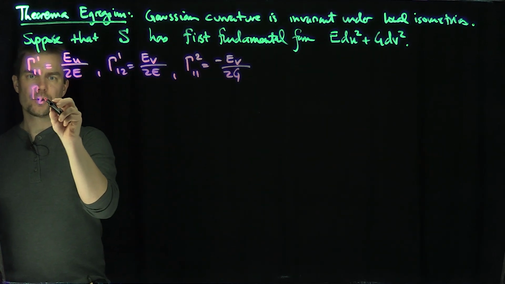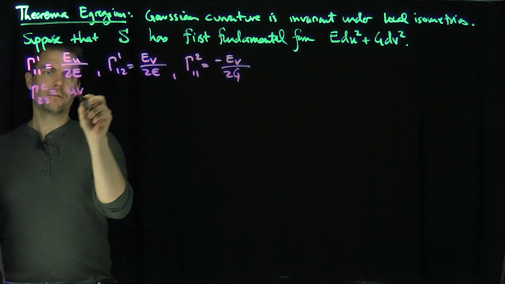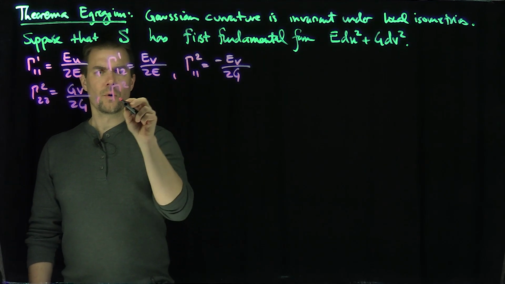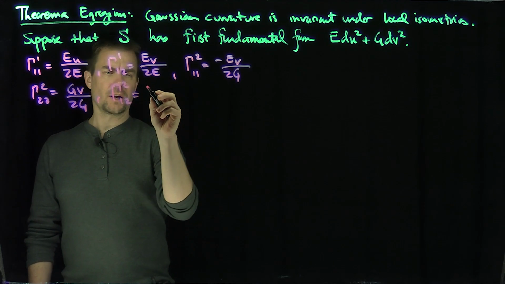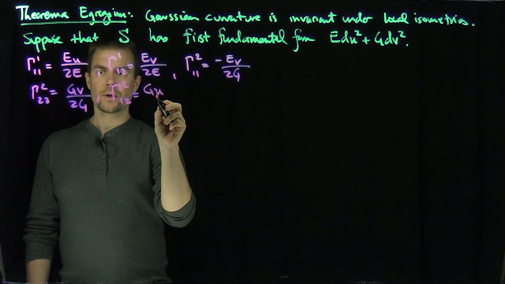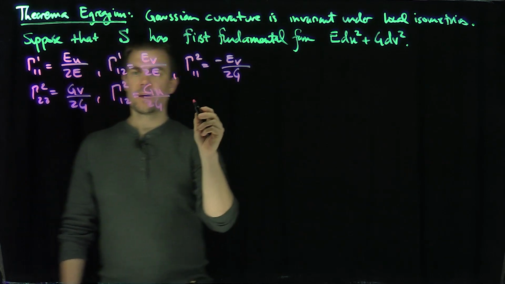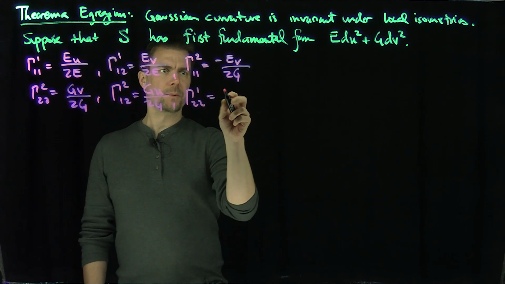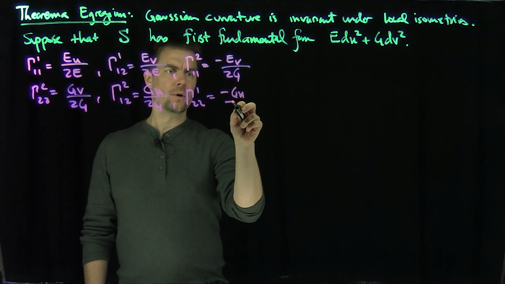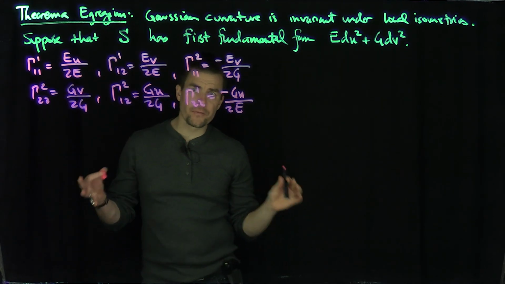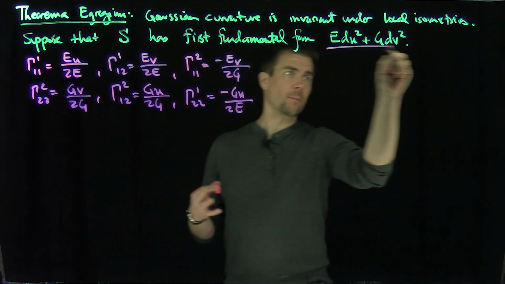And then gamma 2,2,1 is going to be negative G_u over 2E. So the Christoffel symbols are simplified dramatically in the case when you have a first fundamental form that looks like this.